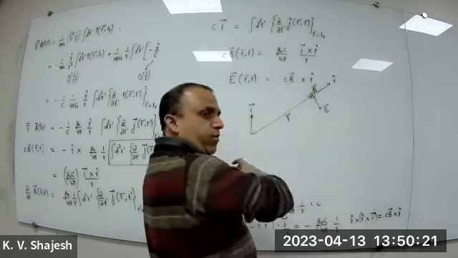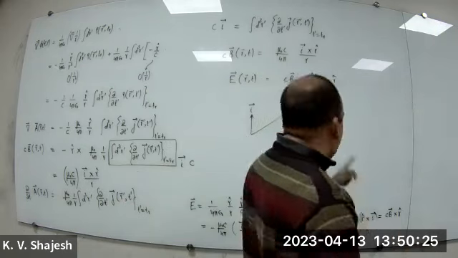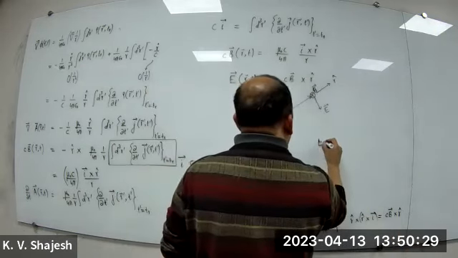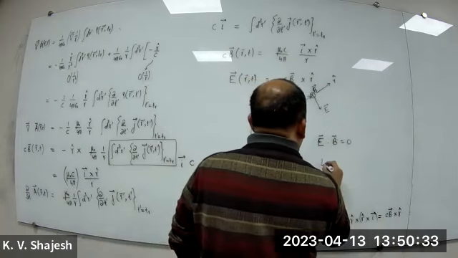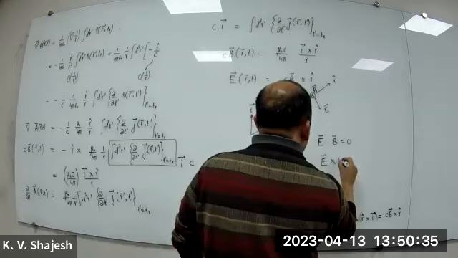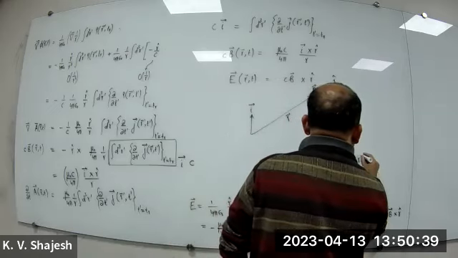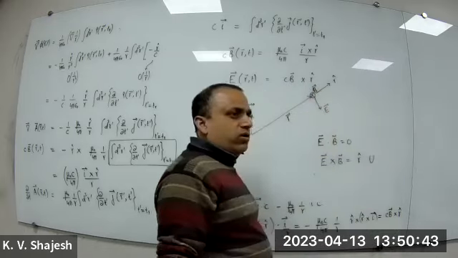What's the direction of propagation of this wave? It is going radially out. Right? You can show that this will always satisfy E dotted with B is equal to 0. And E crossed with B will be along r hat, times this will be the energy density if you want.